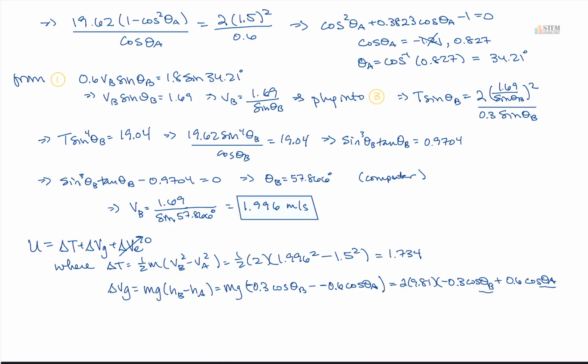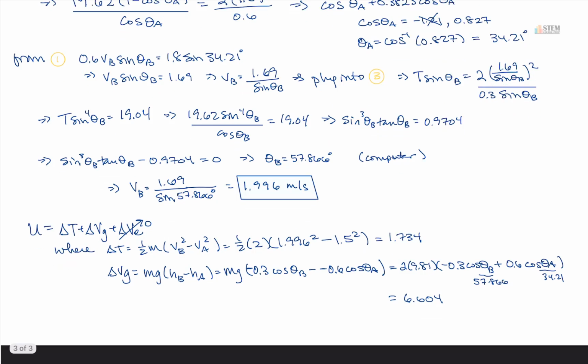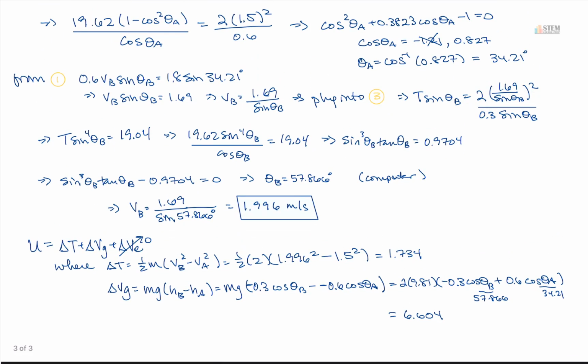Theta B was 57.866, and theta A was 34.21. Let's calculate that one. So that is going to give us 6.604. Units here would be joules, by the way.